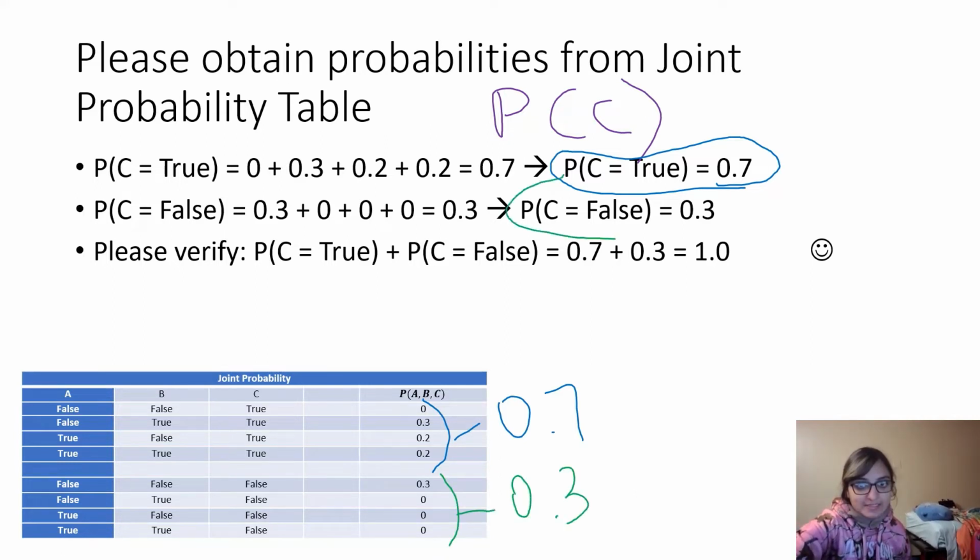That's the probability that C is false. And we just have to add these numbers together and make sure that they add up to 1. So again, 0.7 plus 0.3, they add up to 1. So that's great, we have these probabilities to work with. Probability C is true is 70% and probability C is false is 30%.